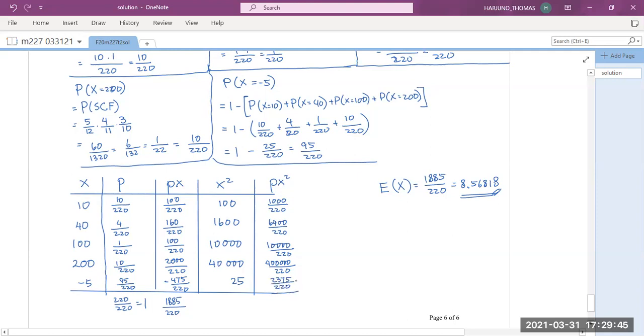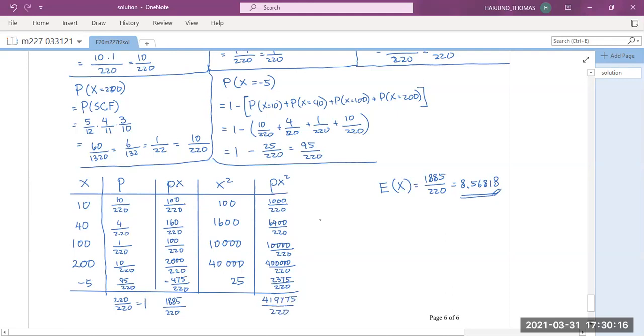Now then we add all these numbers. I get 419,775 over 220.